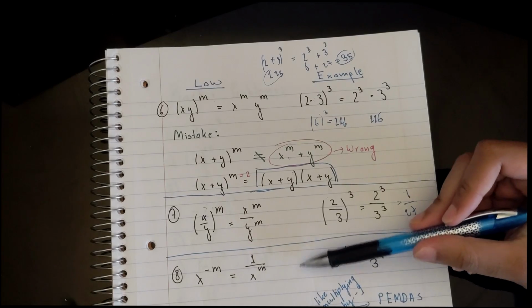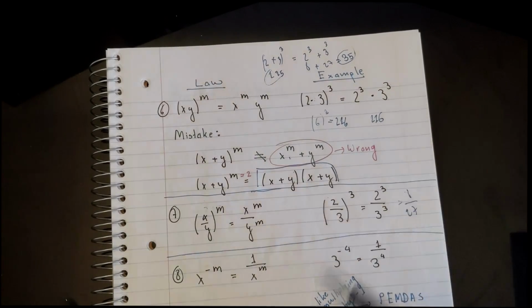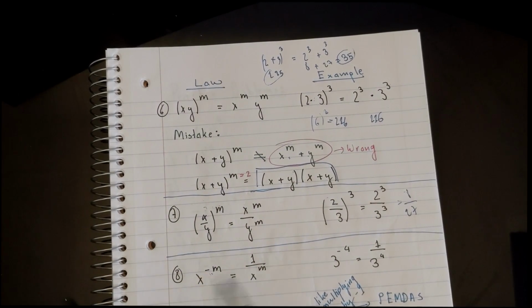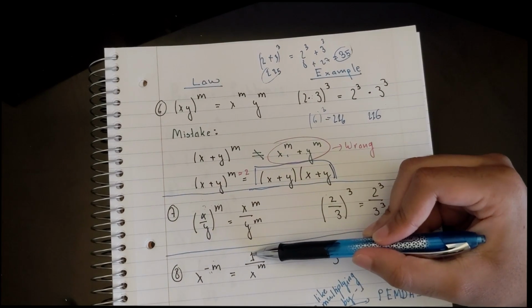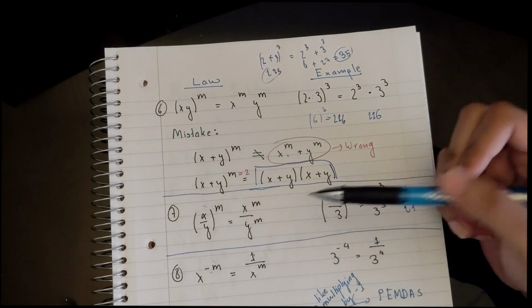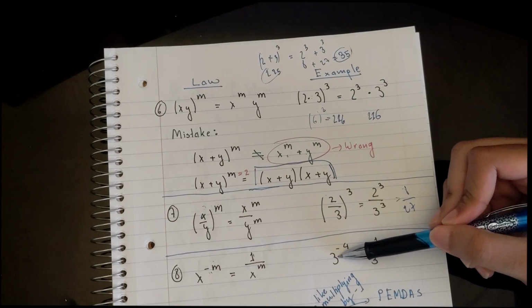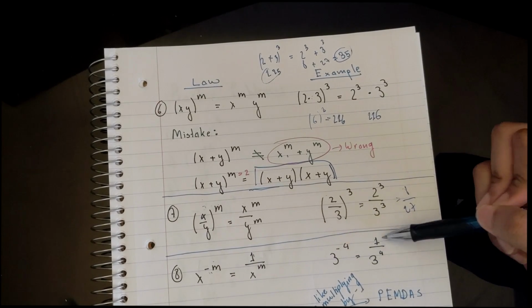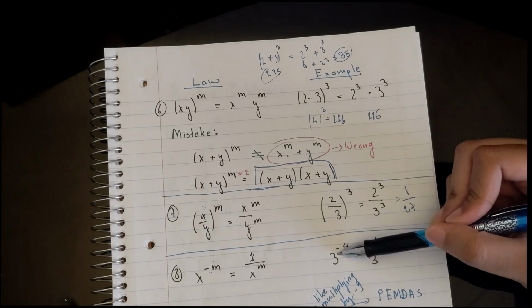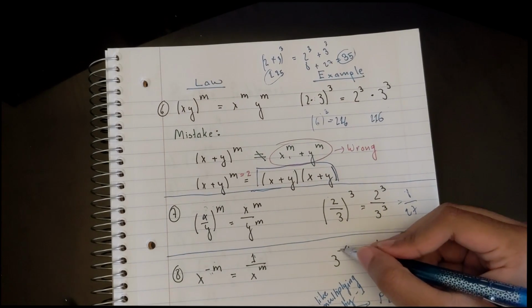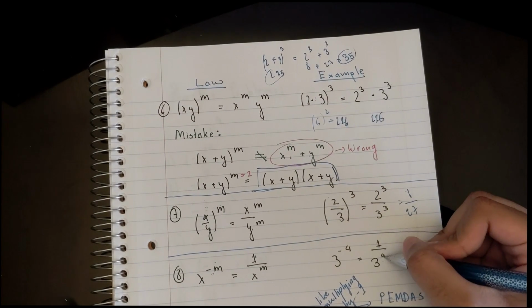And the last one, I showed you this before. If you have a negative exponent, you can just flip it, and you get 1 over x to the power of m. Here, 3 to the power of negative 4 is equal to 1 over 3 to the power of 4. So you flip it, but you make the exponent positive.